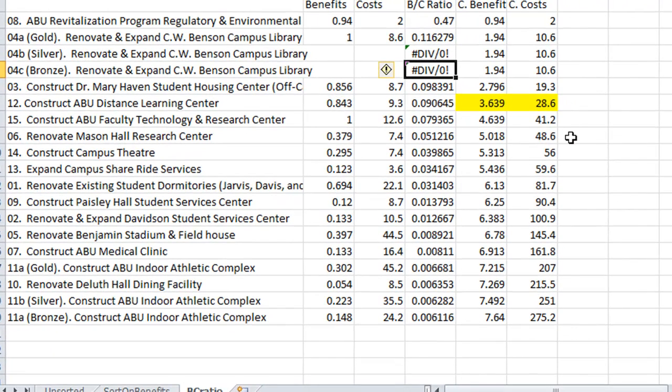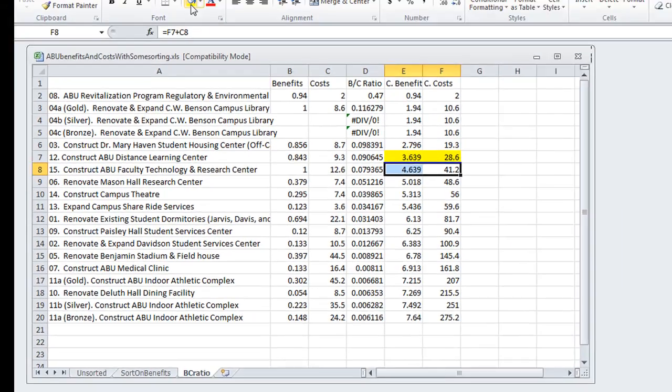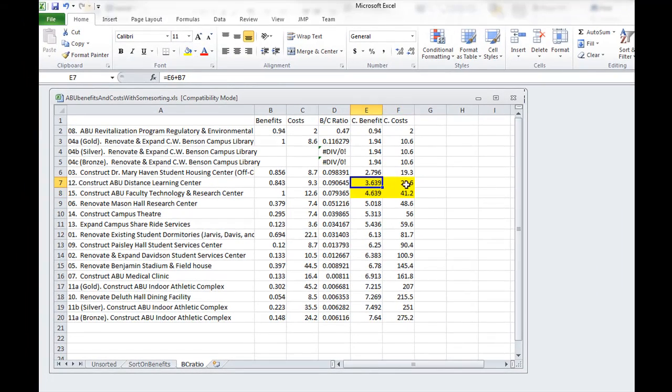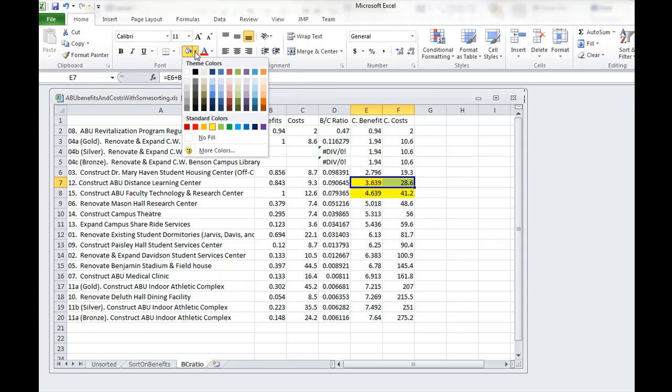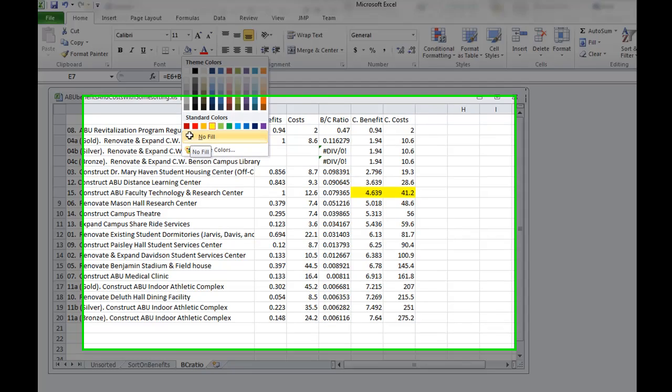And now we have to go down to 45 million. So now these are the cells that tell us what our best guess is.